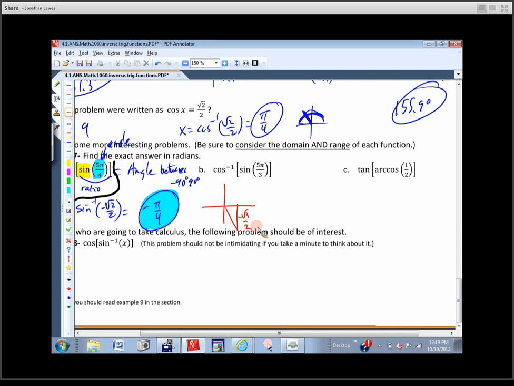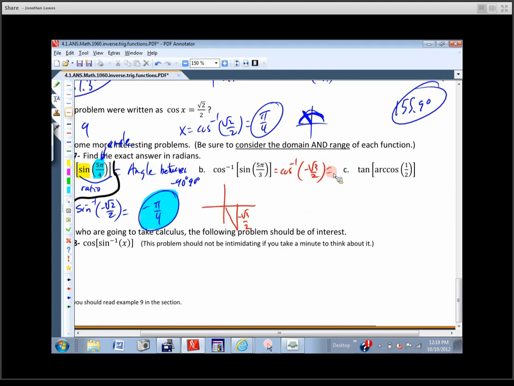So here's what we're asking ourselves. What is the cosine inverse of negative radical 3 over 2? So you need to take it a step at a time because the ranges and the domains of each one of these don't match up exactly. So now we're asking ourselves cosine inverse of negative radical 3 over 2.